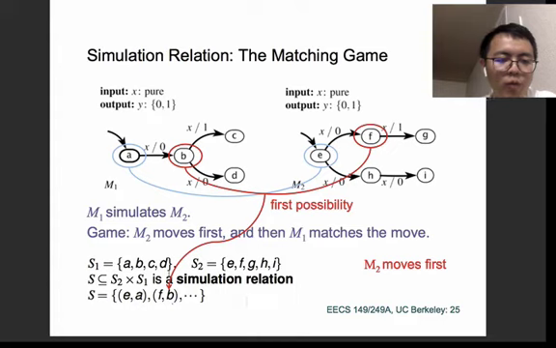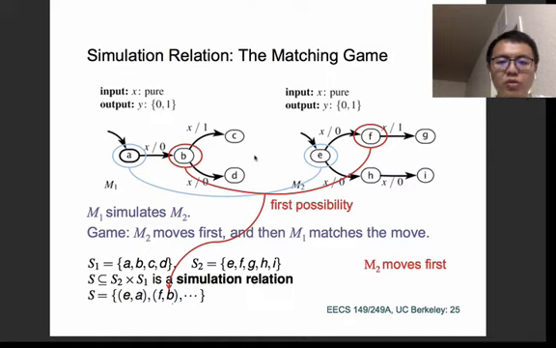For the next move, we need to consider two possibilities. The first possibility is the upper transition moving to F. Can M1 still match M2? The answer is yes again, because M1 can choose the output to be the same as M2.